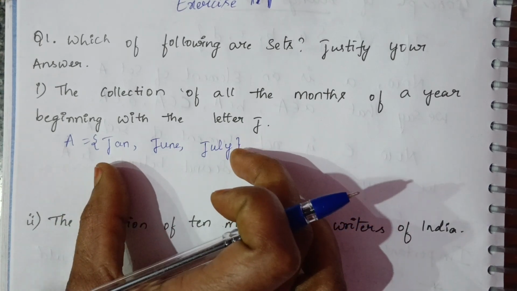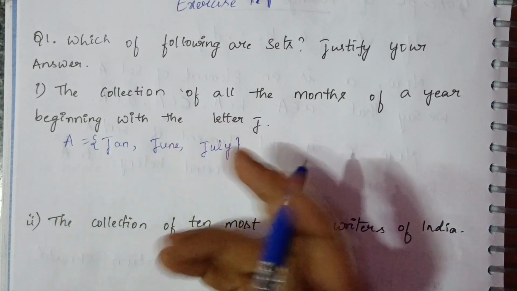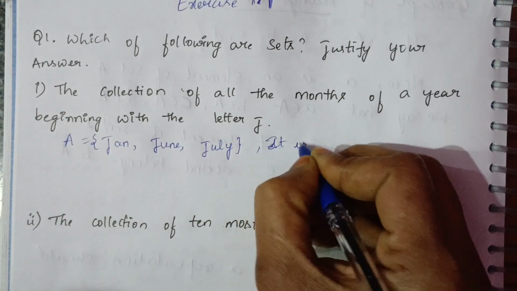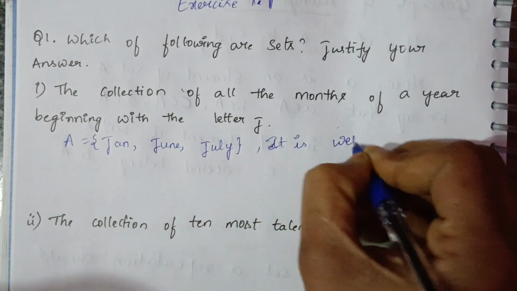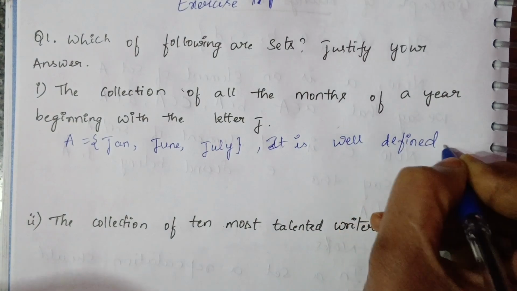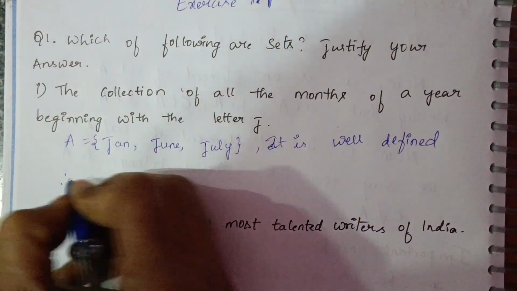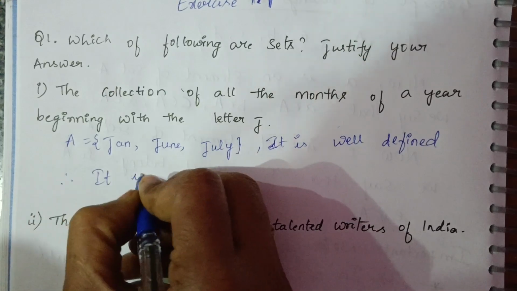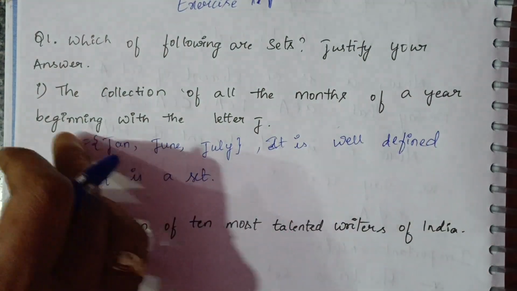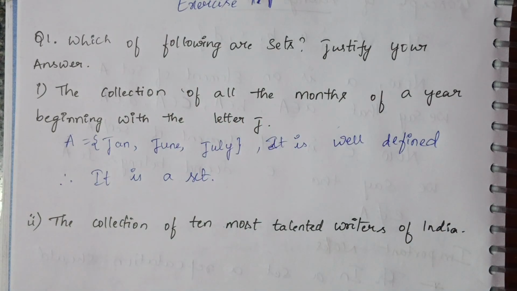It does not vary from person to person, so it is well defined. Therefore, it is a set. So it is well defined and it is a set.